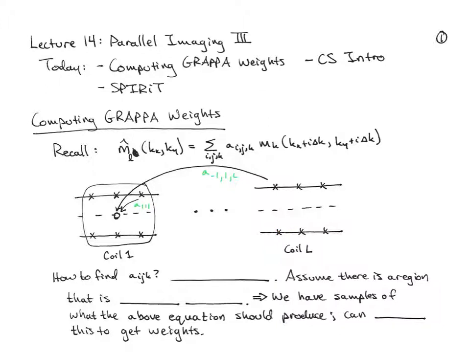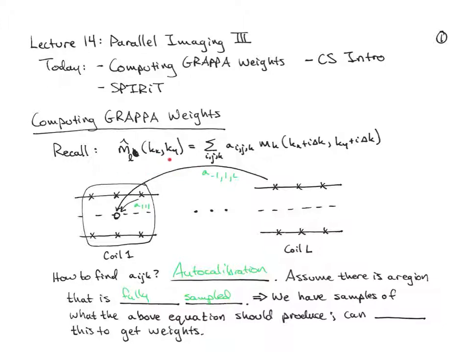Okay, so we talked a lot about how this equation would work, how the synthesis would work, but we didn't talk about how to actually find these coefficients A_ijk. So what we do is we use auto-calibration. Specifically, we assume that there is a region of k-space that is fully sampled, which implies that we have samples of what the above equation should produce, right?